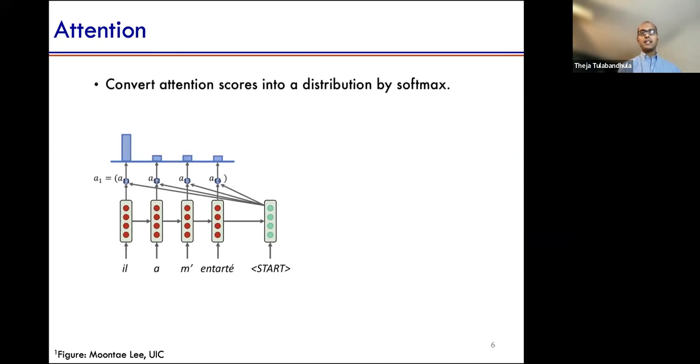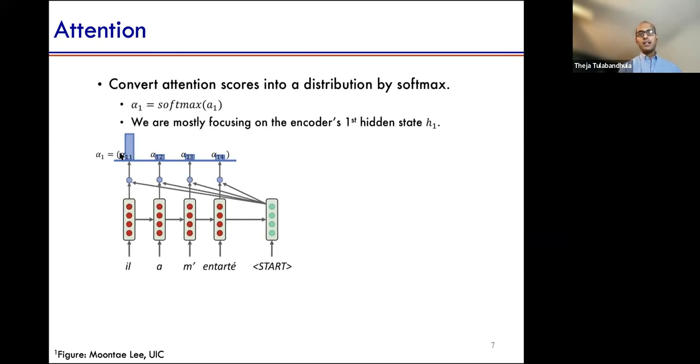Before we go on, let me explain what these normalized numbers mean. We produced these attention scores because we actually want to start producing output, which means we want to produce, let's say, the first translated word. The intention is that while trying to produce the first translated word, maybe the first word that passed through the encoder is actually more important.